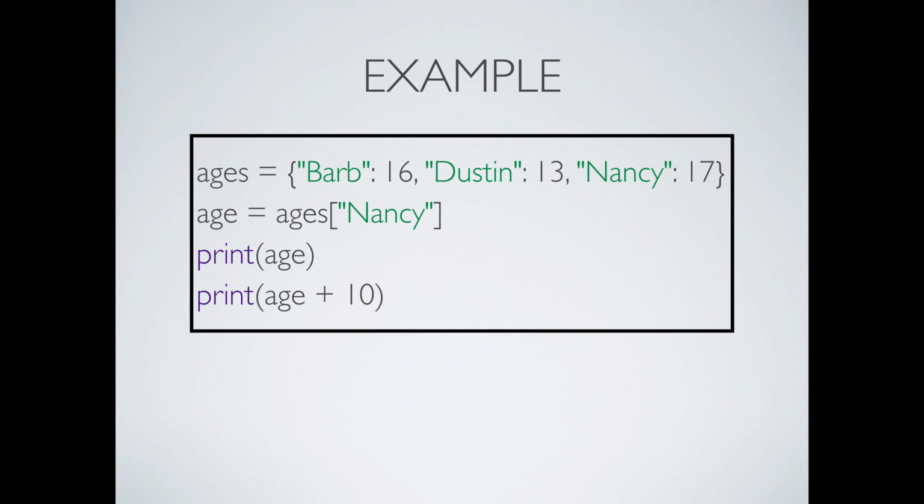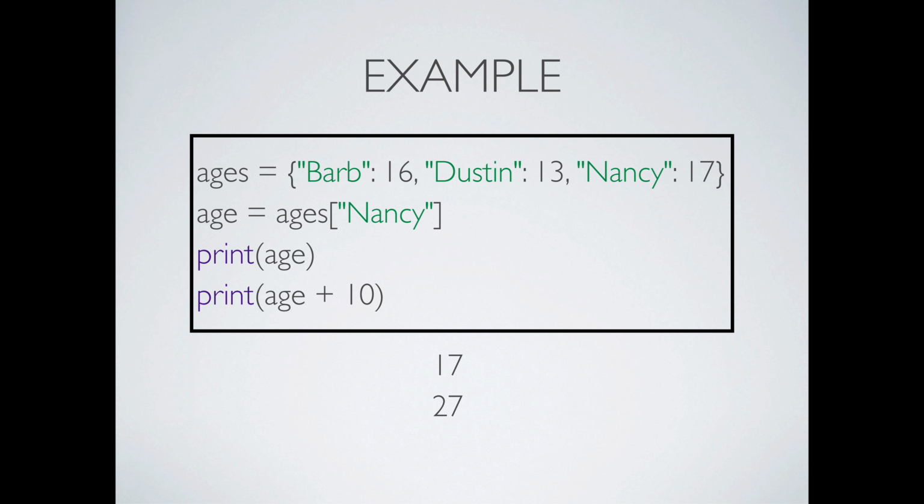Here, Nancy is the key. When we say ages, square bracket, Nancy, that gives us the value associated with Nancy. So in this case, age is 17. So when we print age plus 10, we're going to get 27. This is how you can look up the value associated with the key in the dictionary.